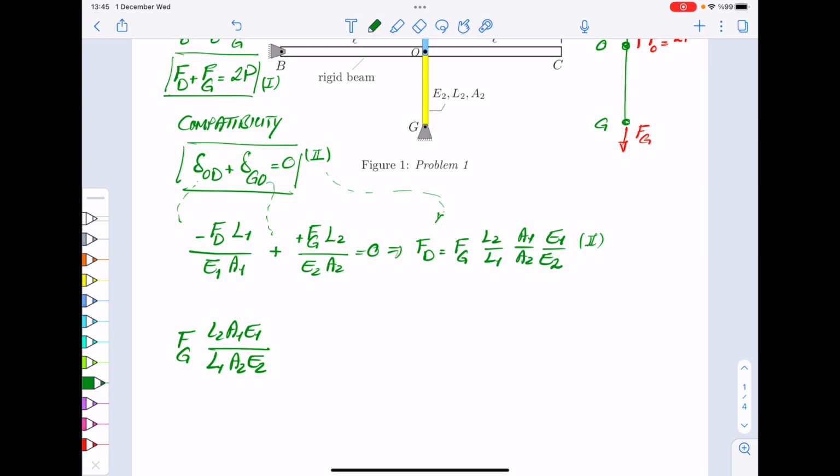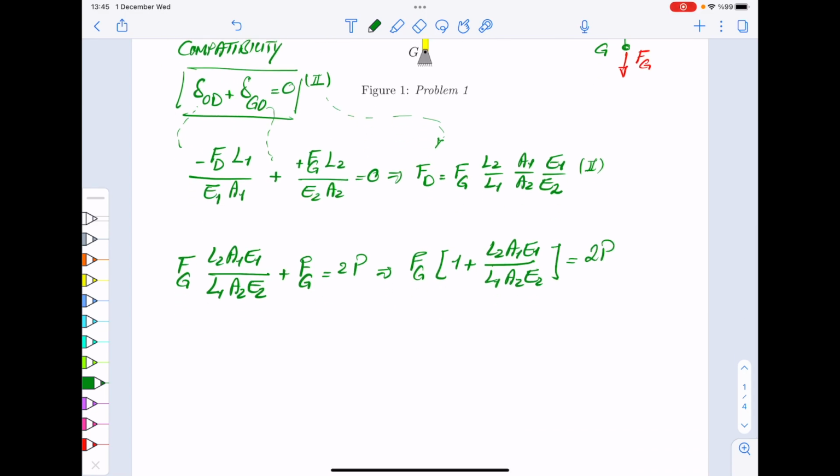That's basically FD plus FG is 2P. So that immediately tells you that FG times 1 plus L2 A1 E1 divided by L1 A2 E2 is 2P.